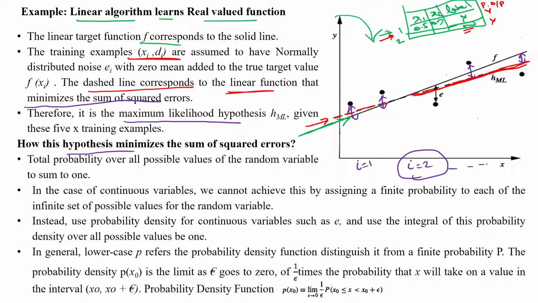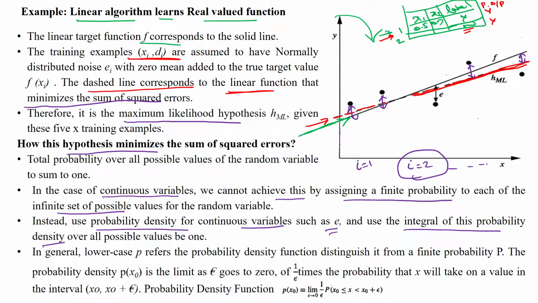Now, how does this hypothesis minimize the squared error? As I told you, in the case of continuous variables, we cannot achieve this by assigning a finite probability to each of the infinite set of possible values. So instead we use the probability density function for continuous variables such as error, and use the integral of this probability density.